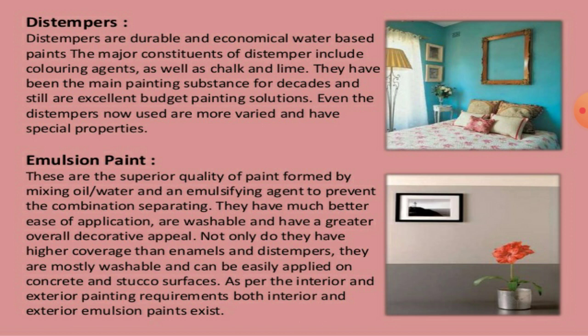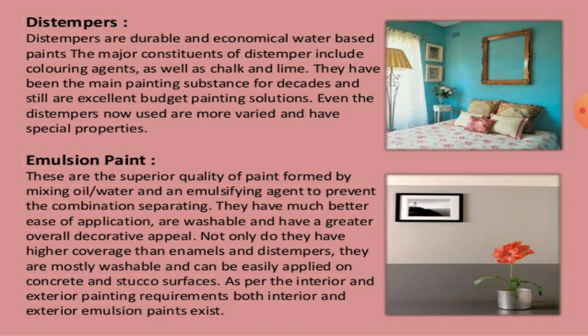Emulsion paint. Emulsion paints are superior quality paints formed by mixing oils or water and emulsifying agents to prevent the combination from separating. They have much better ease of application, are washable and have a greater overall decorative appeal.